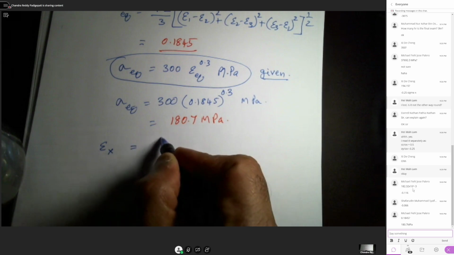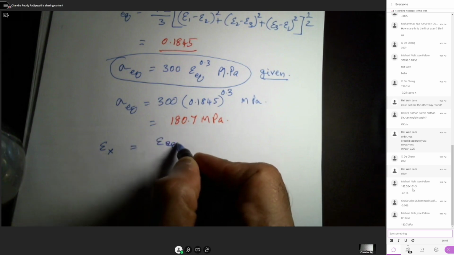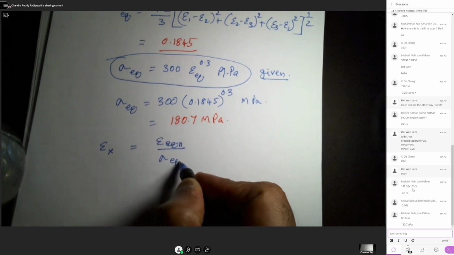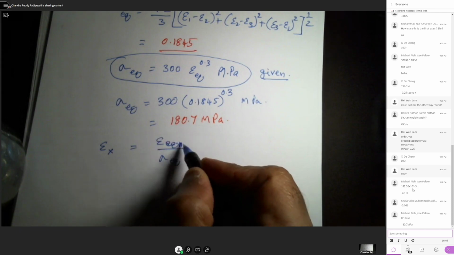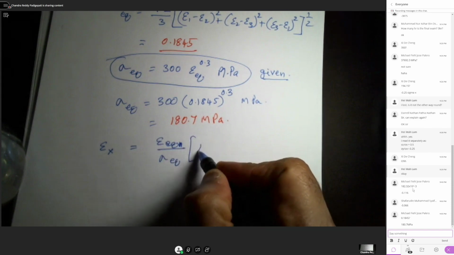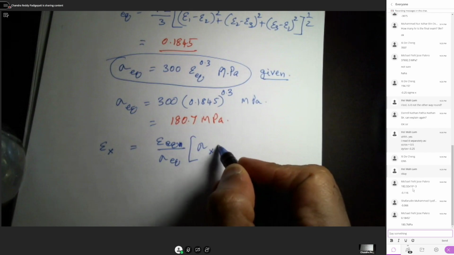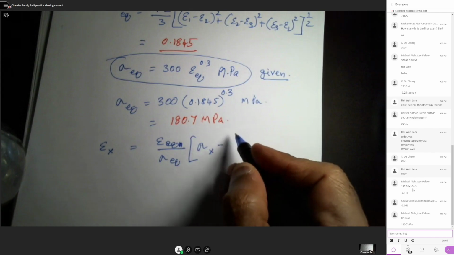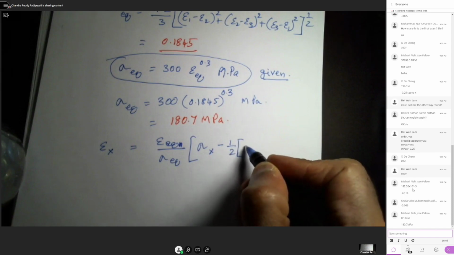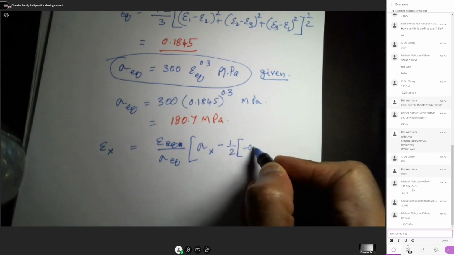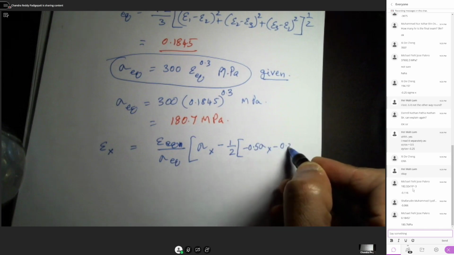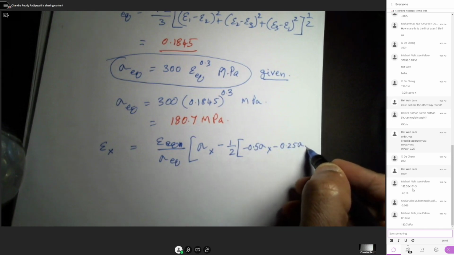So instead of Young's modulus, now we have the equivalent stress and equivalent strain: epsilon equivalent over sigma equivalent, times sigma x minus nu times sigma y plus sigma z. We can take the Poisson's ratio as half, so minus 0.5 sigma x minus 0.25 sigma x.